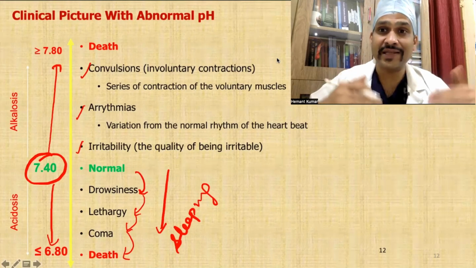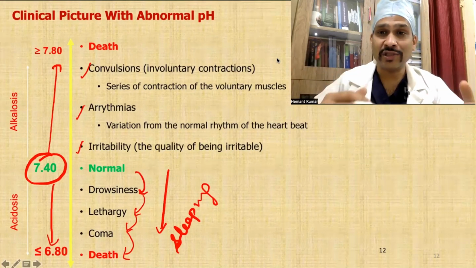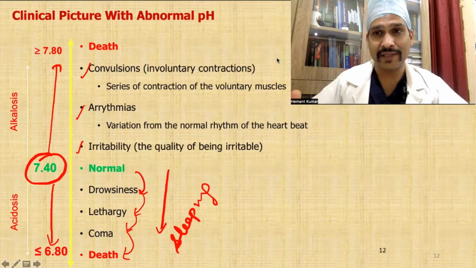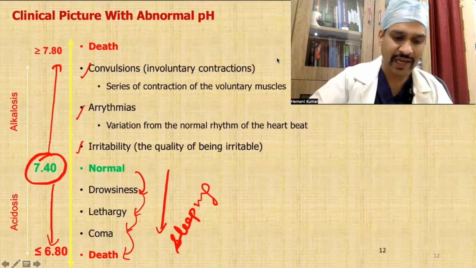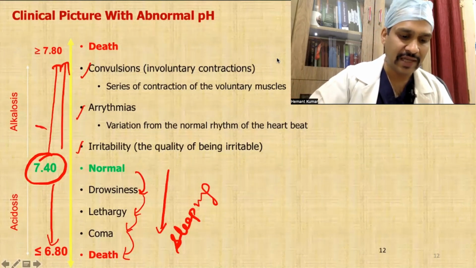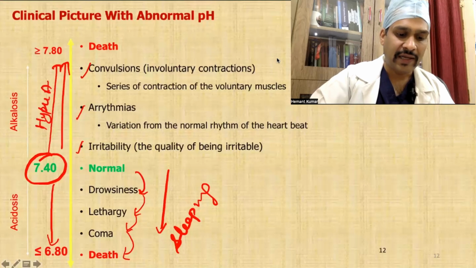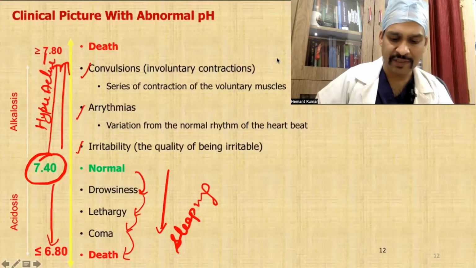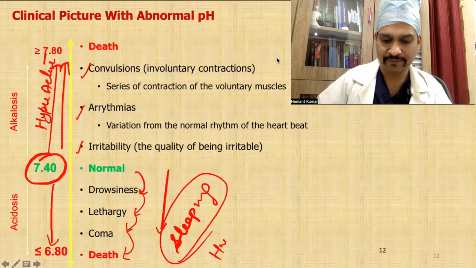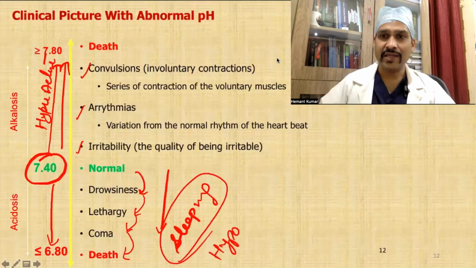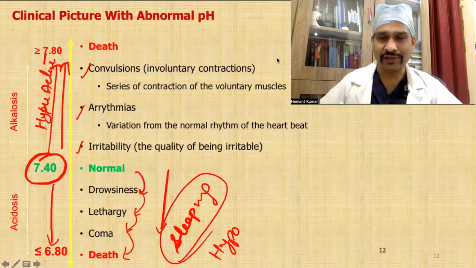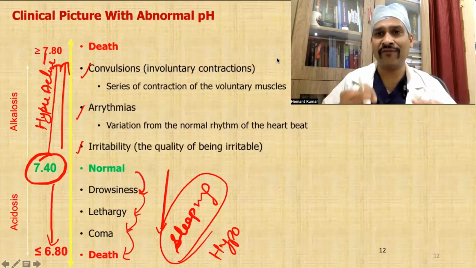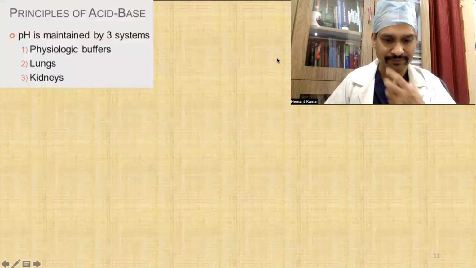But when pH increases, it causes more irritability, more muscle action, more arrhythmias, more convulsions. So the patient is hyperactive. When pH is low, the patient is in a sleeping state, hypoactive. When pH is high, hyper; when pH is low, hypo. This is how abnormal pH is harmful for the patient.